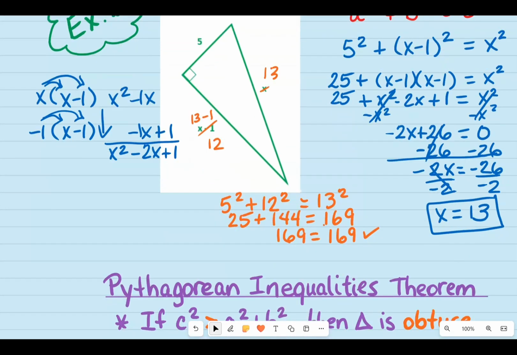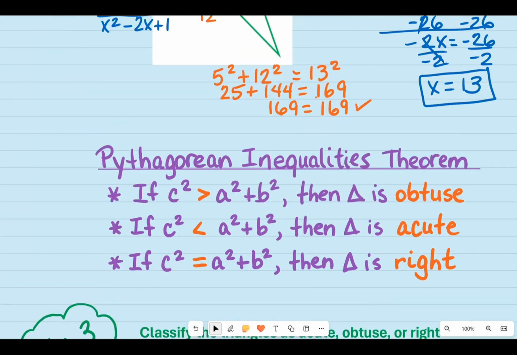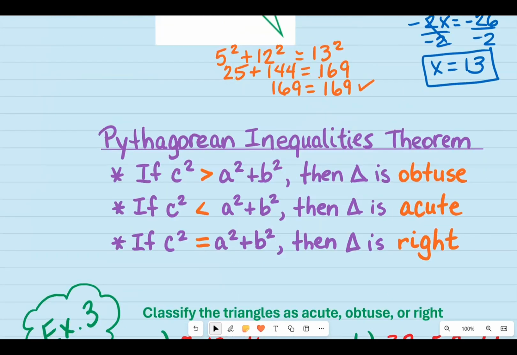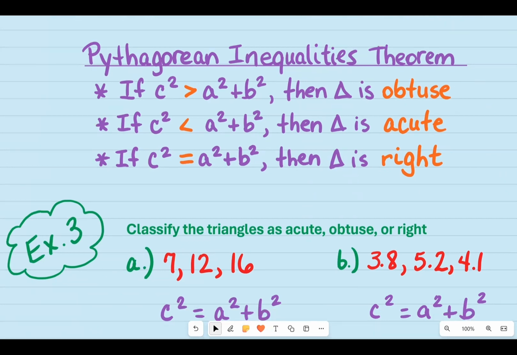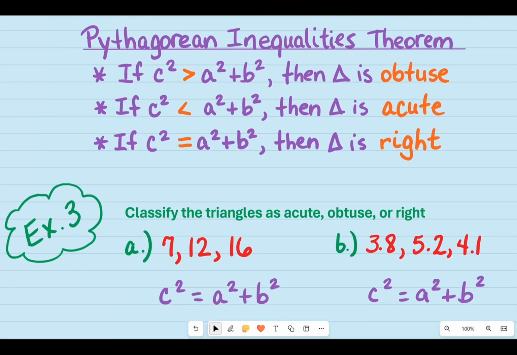That leads me into the Pythagorean inequalities theorem. So go ahead and take a look at this and write this down in your notes. Pay attention to the way that it's written. The hypotenuse is shown first, and then it shows the legs.